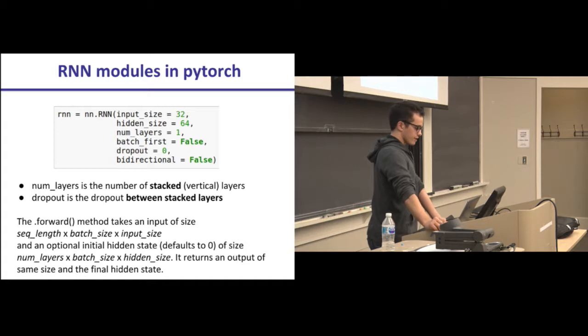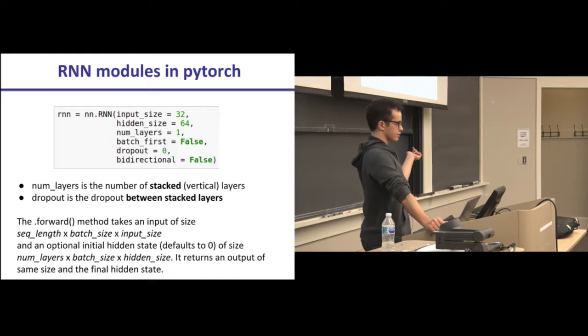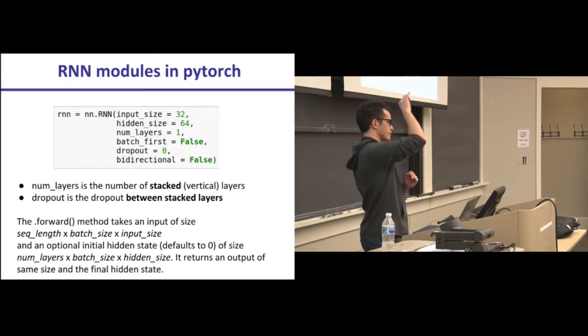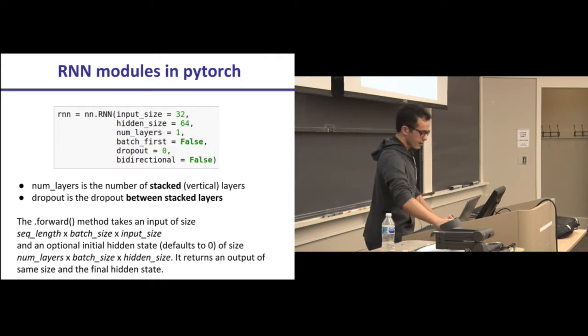You have an option batch first, where you say whether, when you feed the input, you want the batch dimension first, then the sequence dimension, or the opposite. If you think about it, the opposite kind of makes more sense, because if you're dealing with a batch, you're going to feed the batch for the first word first, then the batch for the second word second, and so on.